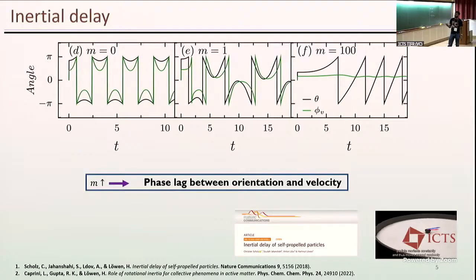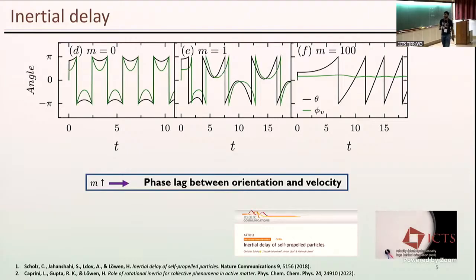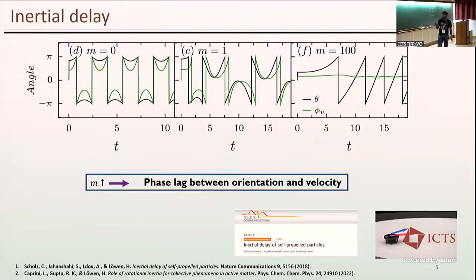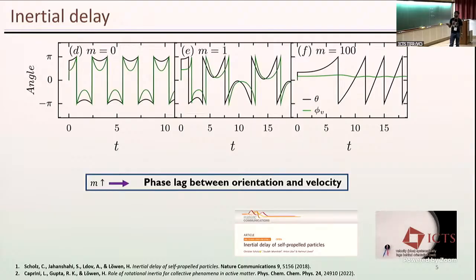But as mass increases, we clearly see a phase lag between the orientation and velocity. This inertial delay is experimentally verified using vibrated rotors, by the Löwen group, and here we clearly see how the particle's orientation and velocity directions are in different directions.